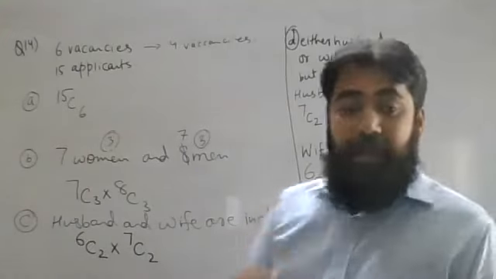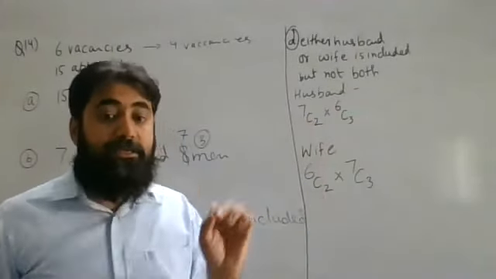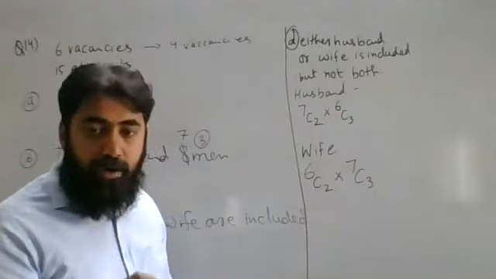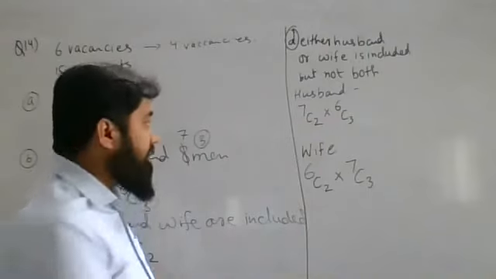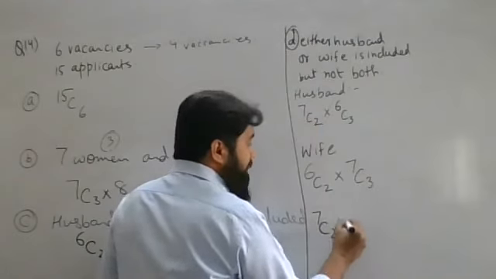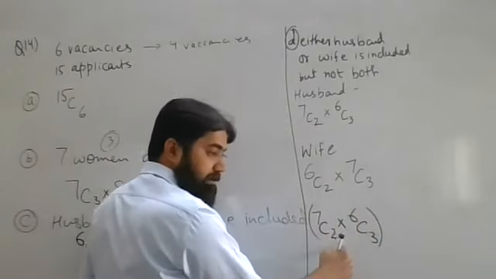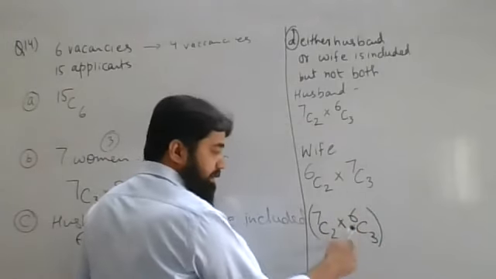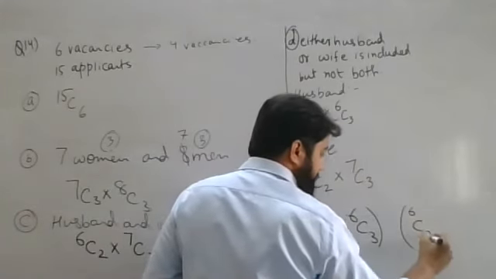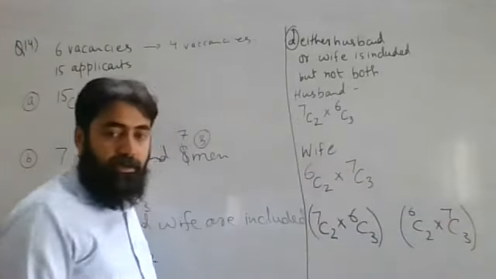Now, the scenario says either this will happen or this will happen. So it means that we have a choice. There is a statement of "or", and I have told you that when we have "or", we add the group results. So what will I do? 7C2 into 6C3, either this will be there for husband, or 6C2 into 7C3 will be there for wife.